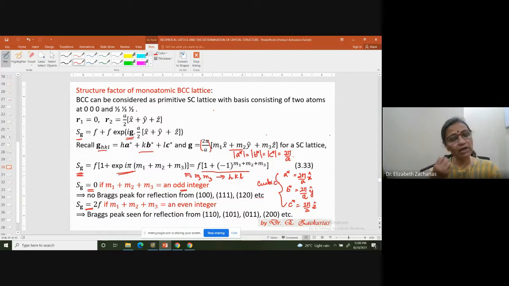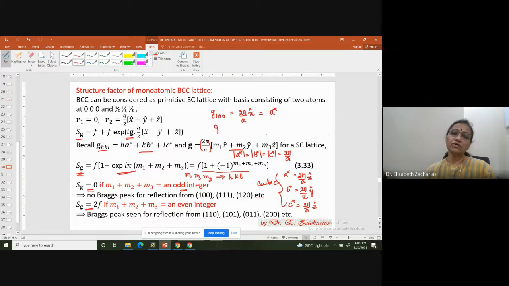What is this HKL? HKL is the indexing parameter for the different planes we have done, you saw. So it is that same HKL. That is the reason why the other day I wrote G100 as 2 pi by A x cap, which is A star.